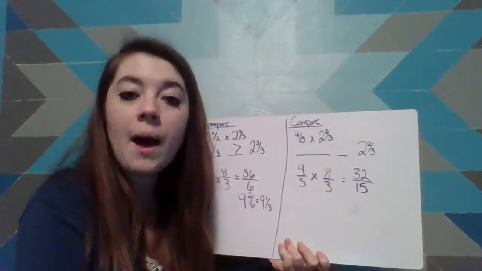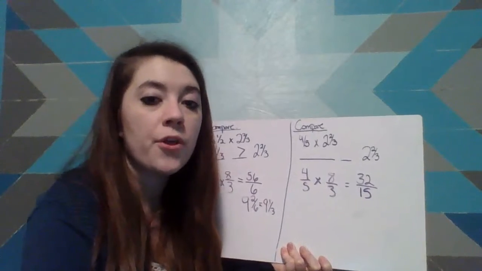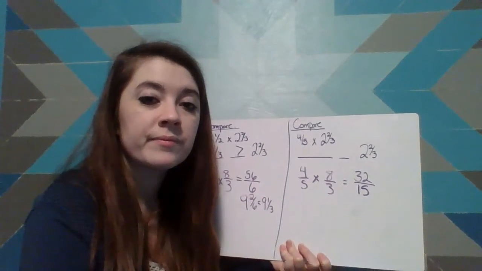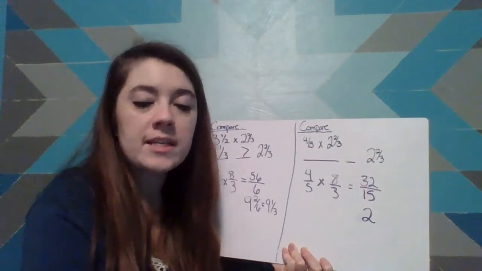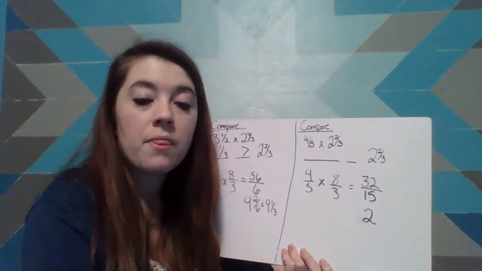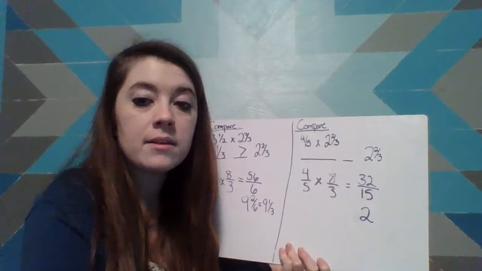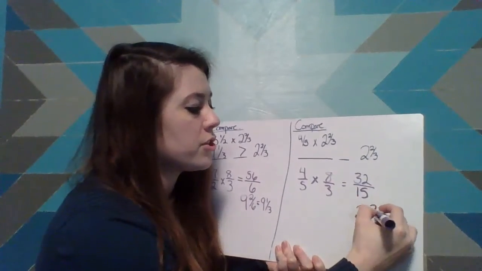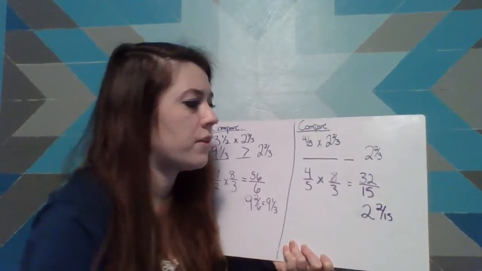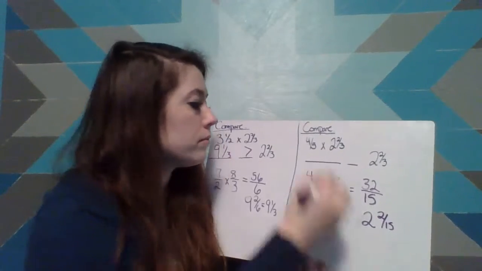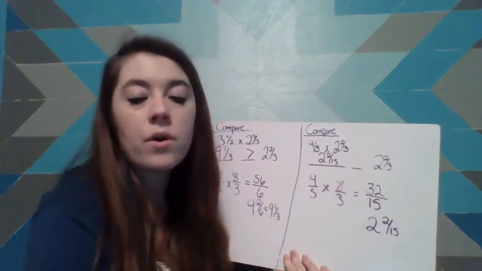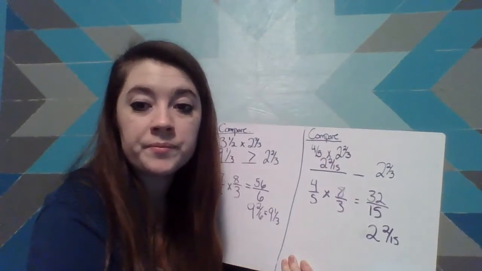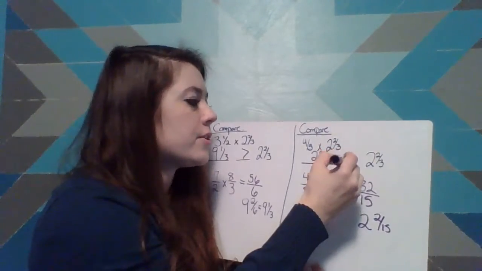All right, so how many times can 15 go into 32? Twice. Excellent. So we have 2. So 15 times 2 is 30. 32 minus 30 is 2. So we've got 2 and 2/15. Now, which is bigger, 2 and 2/15 or 2 and 2/3? 2 and 2/3, you are correct.